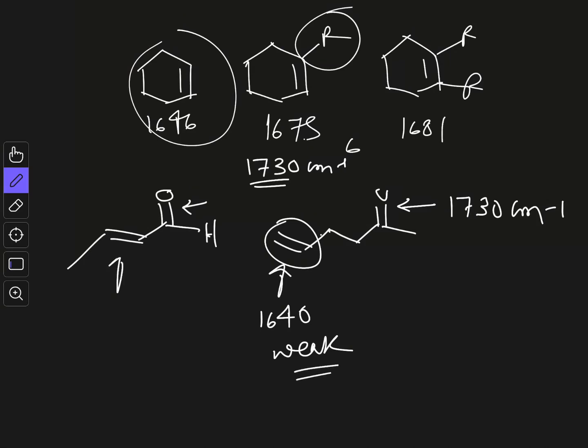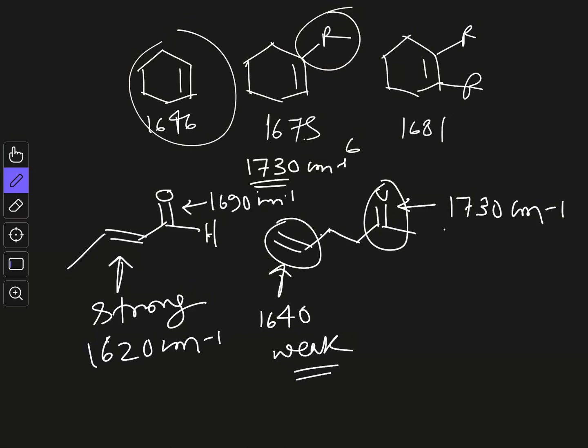But in the conjugated case, this double bond shows a strong band at around 1620 centimeter inverse, and the carbonyl comes at around 1690 centimeter inverse. When it is non-interacting, it comes around 1730, but when it is interacting with the double bond, it comes lower. So the stretching frequency of both the CC double bond and the CO double bond decreases.